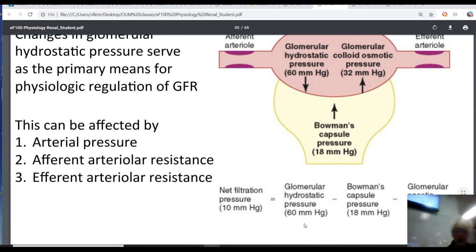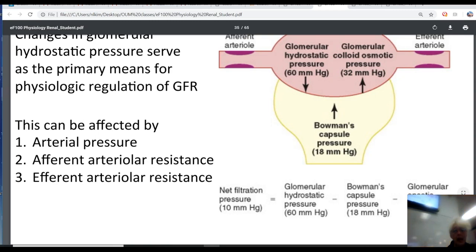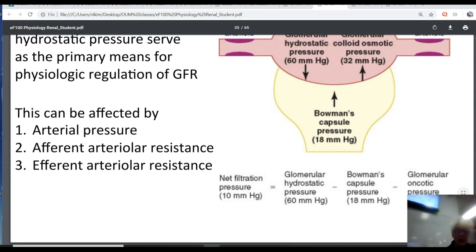Now, this hydrostatic pressure of 60 may or may not be associated with your GFR, because GFR is not just pressure. The glomerular filtration rate, because rate is part of the units, is in distance per time, which is velocity.